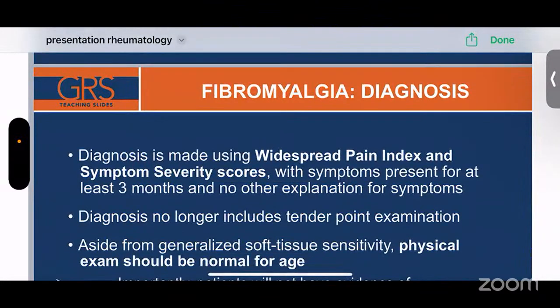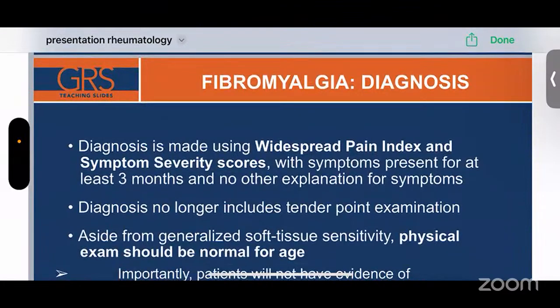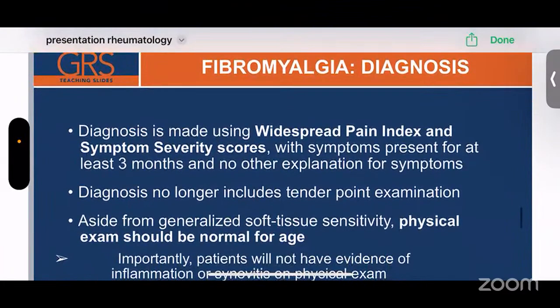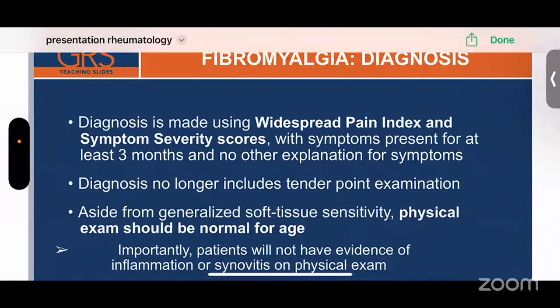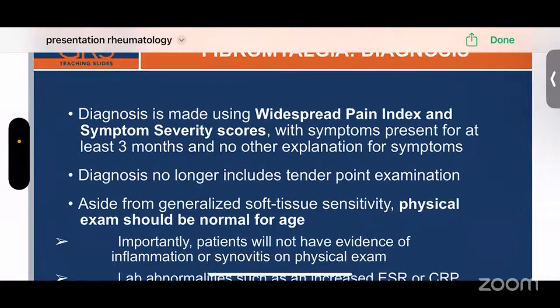Diagnosis of fibromyalgia is made using the widespread pain index and symptom severity scores, with symptoms present for at least 3 months and no other explanation for the symptoms.